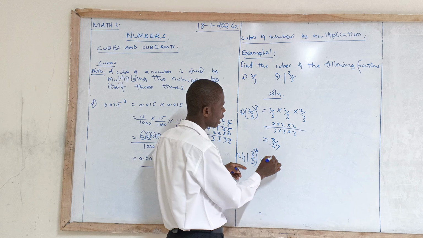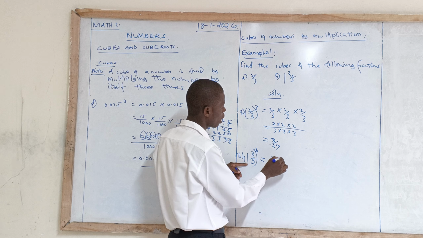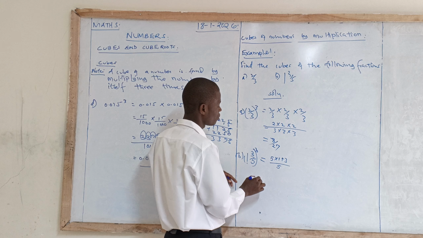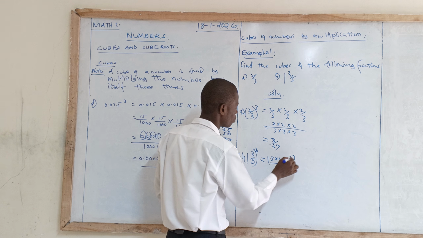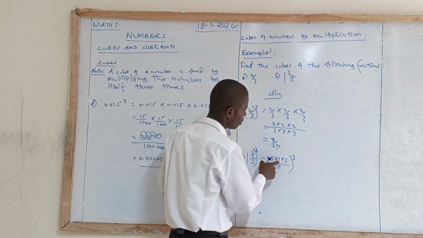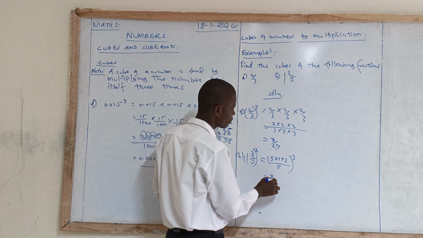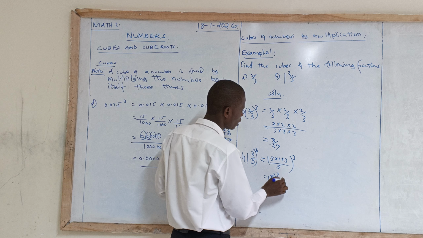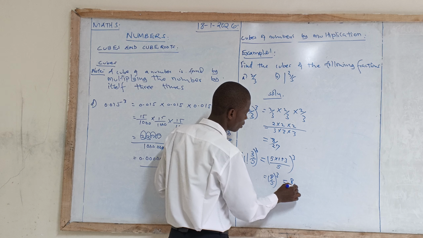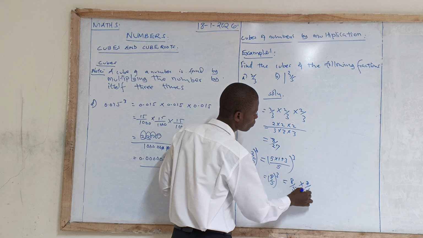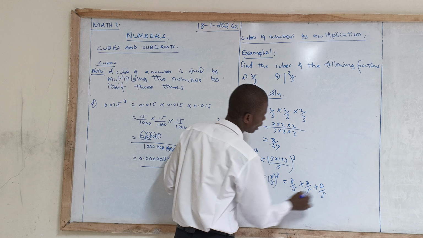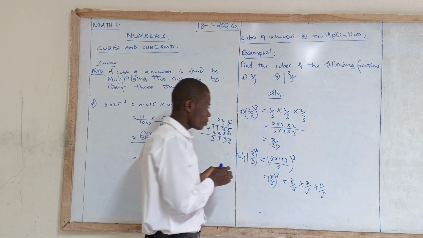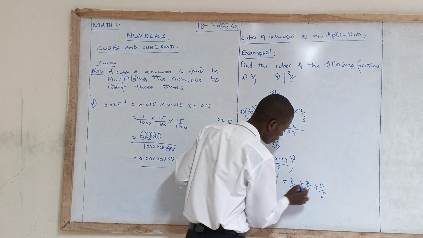So it will be 5 times 1 plus 3, then over the denominator, which is 5. That is 8/5 cubed. So this is the same as 8/5 times 8/5 times 8/5. Very simple.